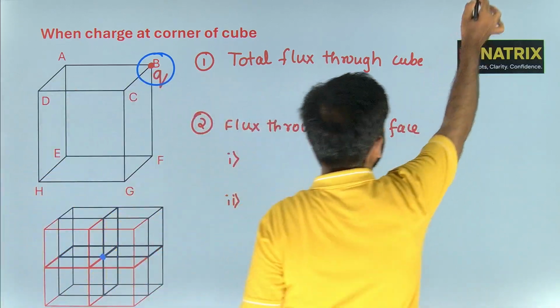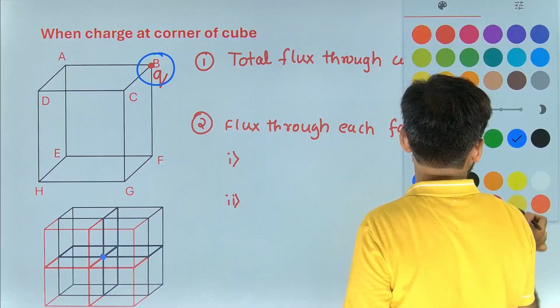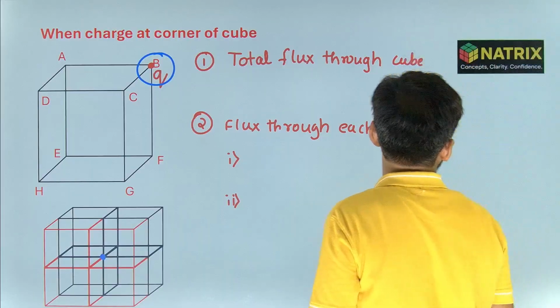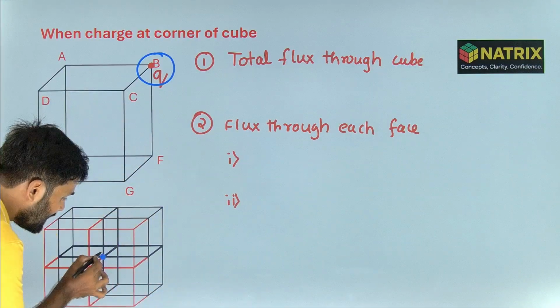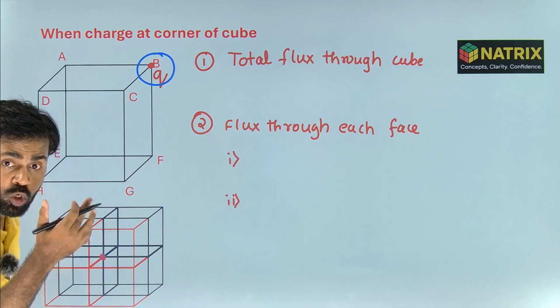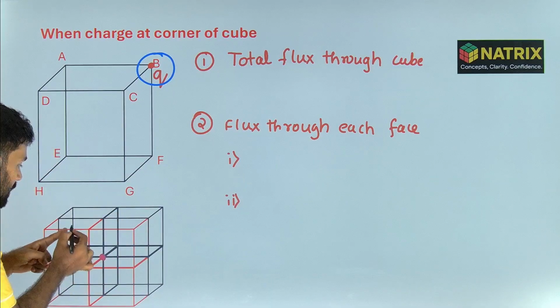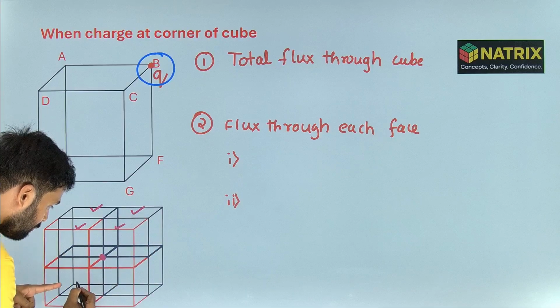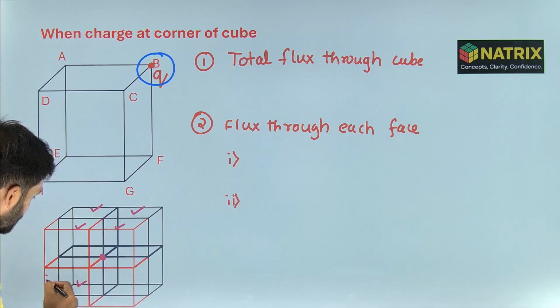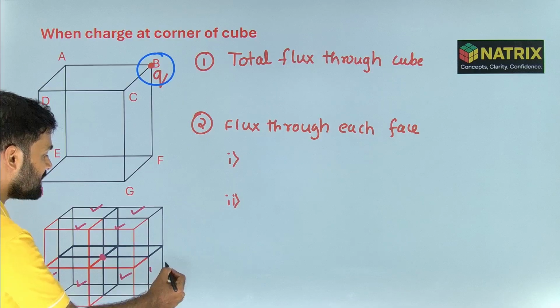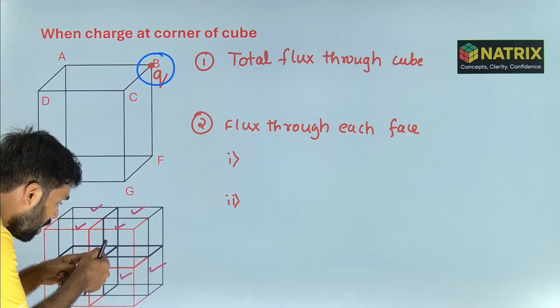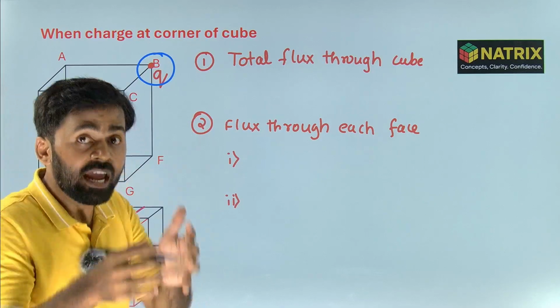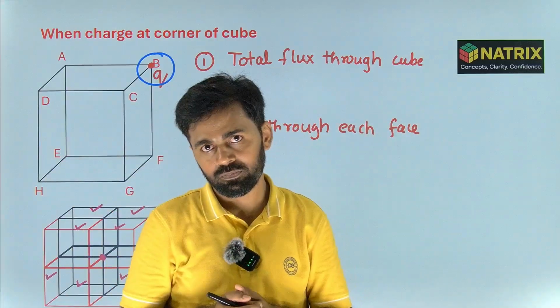Say, 1, 2, 3, 4, 5, and this outside 6, 7, and this inside 8. This corner is shared by 8 different cubes.